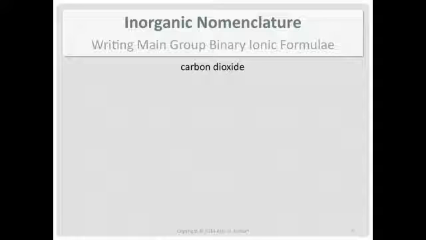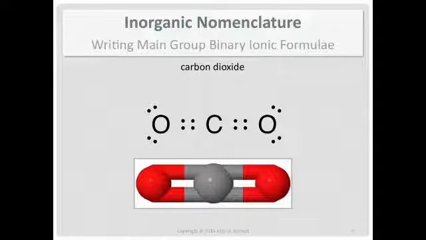Previously, when we were looking at molecules, we talked about carbon dioxide. And carbon dioxide really is one carbon and two oxygens. You've got covalent bonds between the carbon and the oxygens, sharing of electrons. And the smallest repeating unit really is CO2.